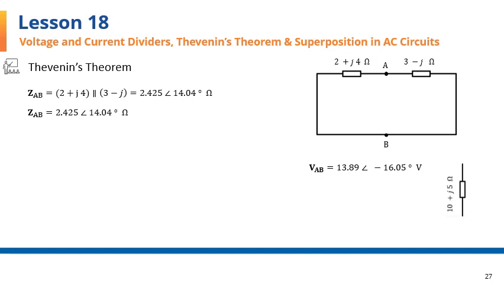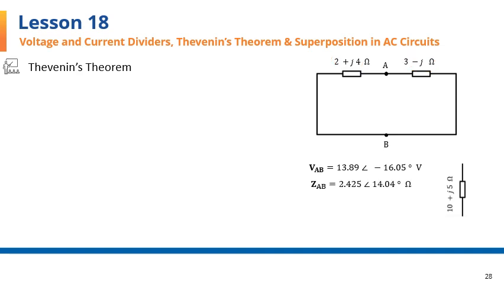So ZAB is 2 plus J4 in parallel with 3 minus J4. And that gives us 2.425 ohms with 14.04 degrees. I'll make a note of this impedance as well. Here they are, VAB and ZAB are calculated.